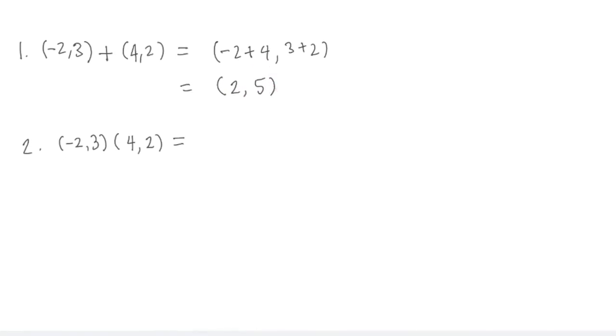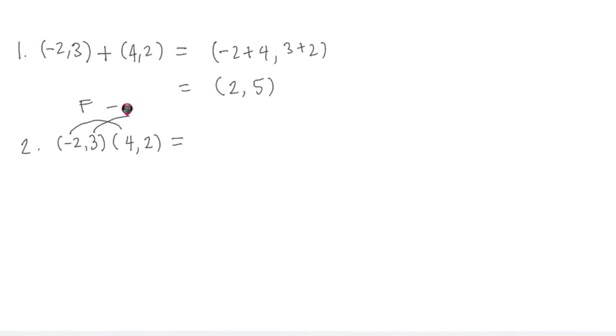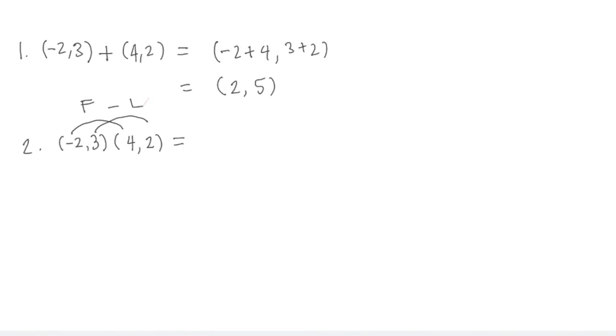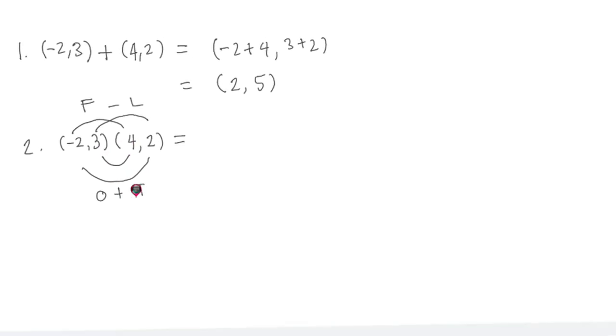Now to get the product, all we need to do is to perform Miss Floyd. Remember, Miss Floyd is first minus last for the real part, outer plus inner for the imaginary part.